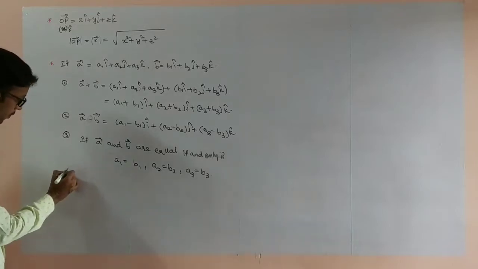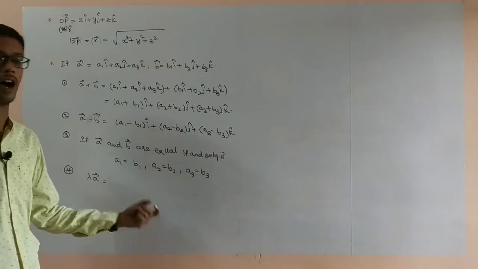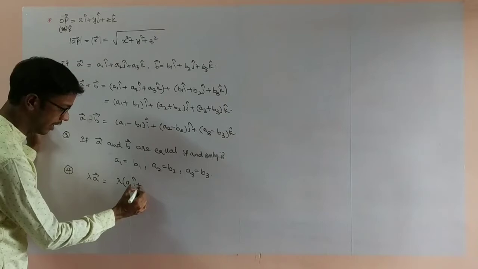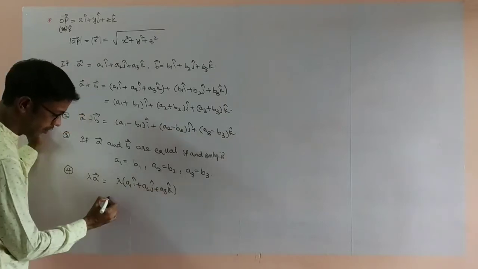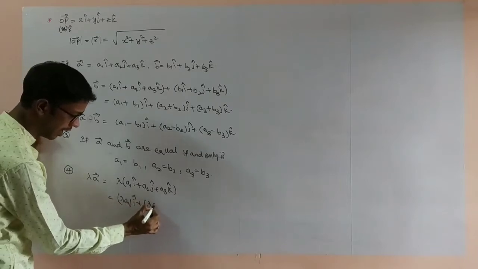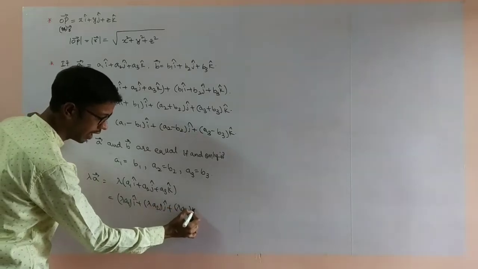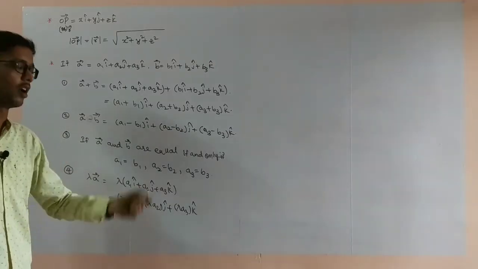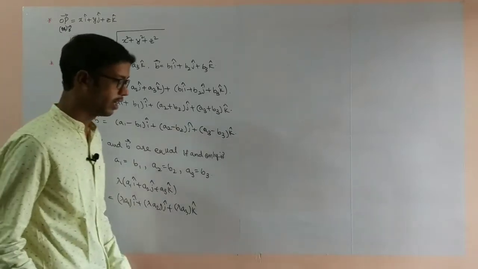Next, scalar multiplication of a vector in component form: lambda times A1 I cap plus A2 J cap plus A3 K cap is lambda A1 I cap, lambda A2 J cap plus lambda A3 K cap. So lambda multiplies the scalar components. These are the important points. Next, one more point here.